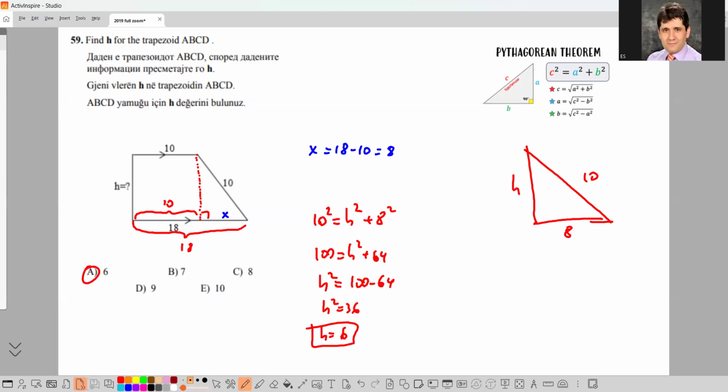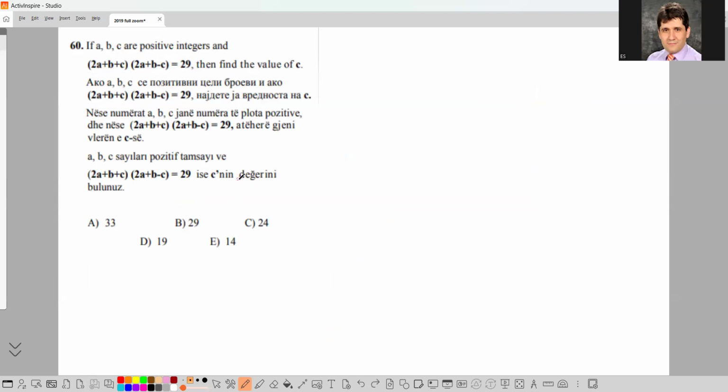And the last question: if A, B, C are positive integers, and these are the numbers, then find the value of C. Now, because these are positive integers, let's copy 2A plus B plus C, 2A plus B minus C, that's 29.